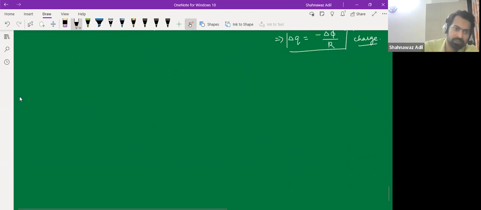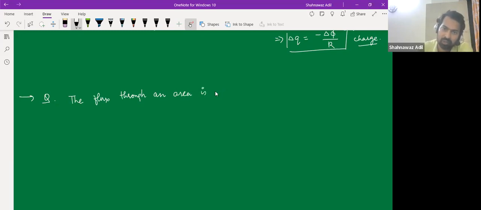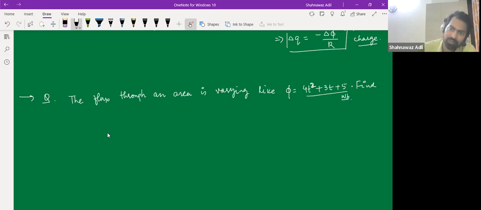The magnetic flux through an area is varying by, let's say, 4t squared plus 5 Weber.